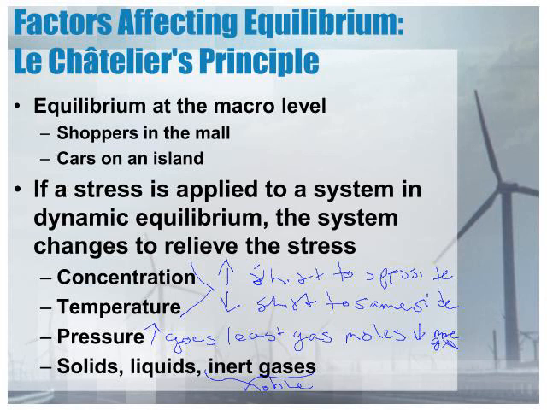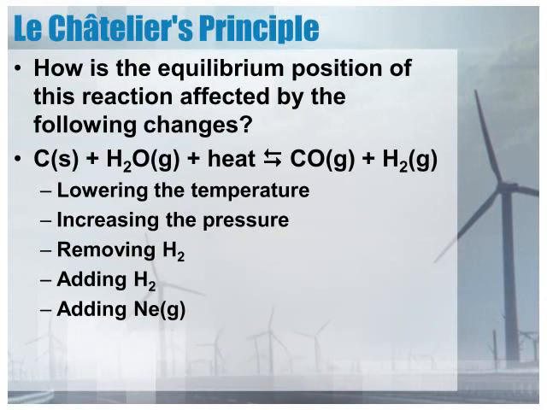So let's do a practice problem together. We're going to figure out what happens when we have solid carbon reacting with water gas and heat, making carbon monoxide and hydrogen gas.